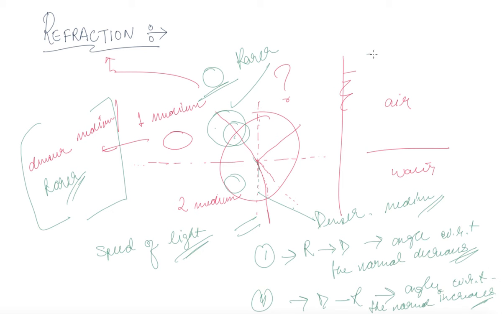Now for my second case, say suppose this is the rarer medium that we have discussed and this is the denser medium. Let this be the normal.